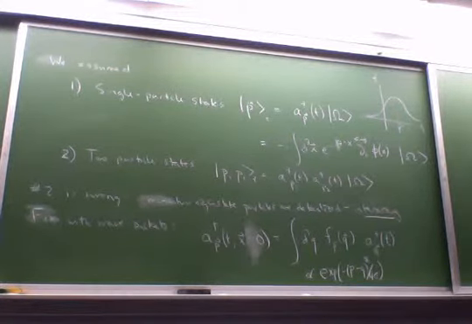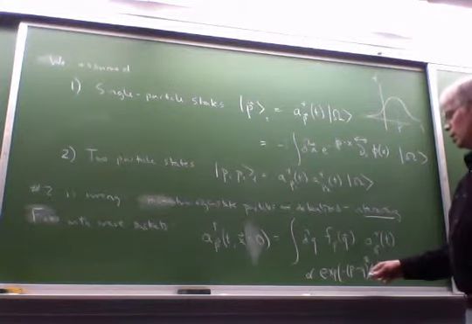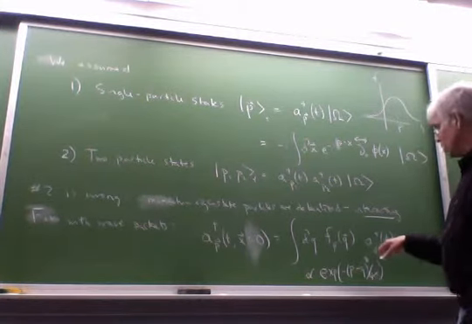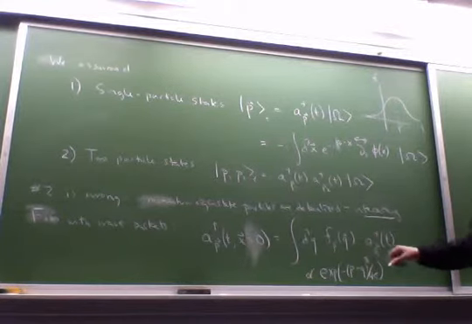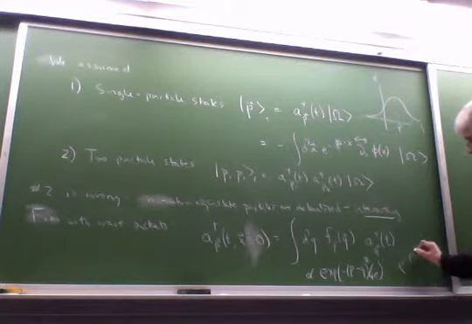Yeah, so if you wanted to put this at some position x rather than 0, what would you do? You would need to apply a translation operator to this, like e to the i p dot x.